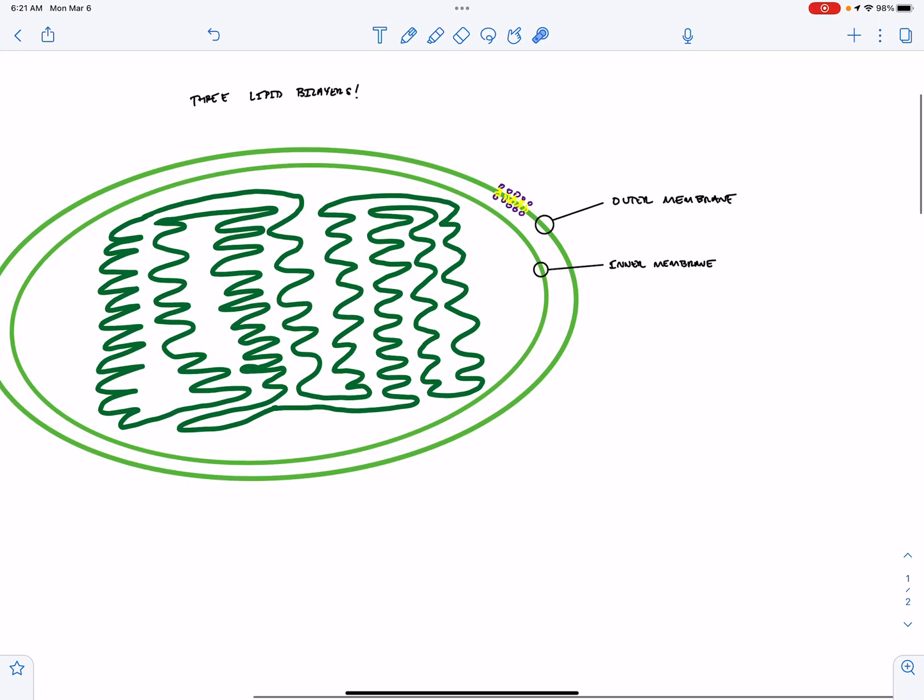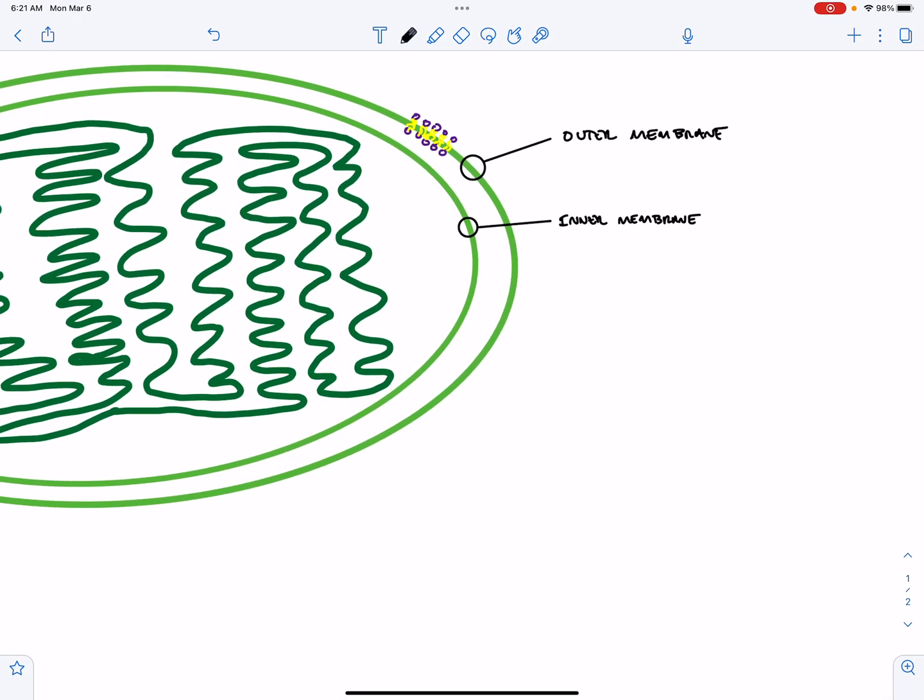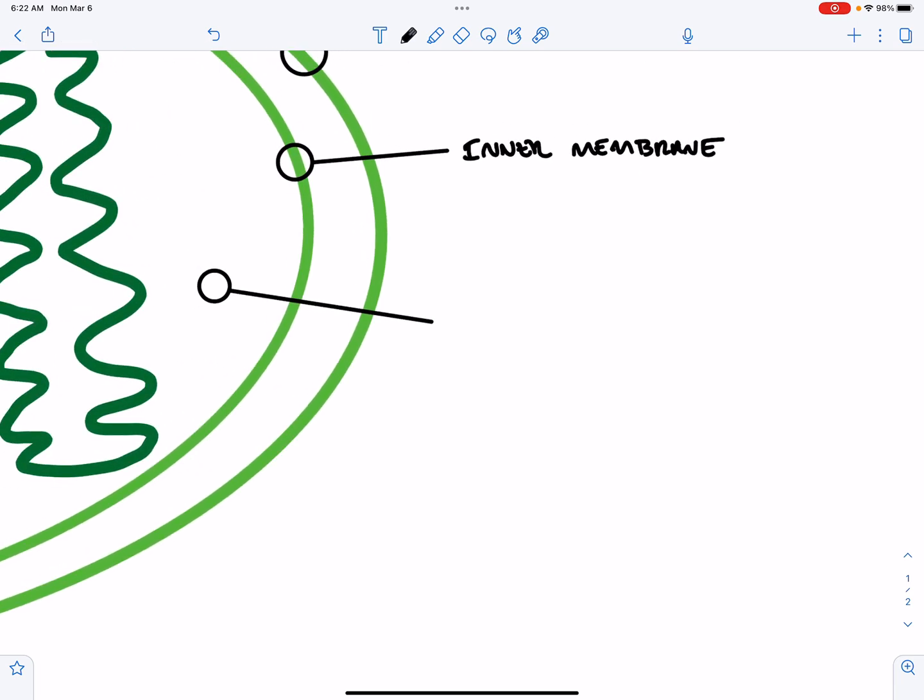Okay. Inside the inner membrane is a jelly-like liquid that's analogous to the cytoplasm of the chloroplast itself. And it's called the stroma, S-T-R-O-M-A. Now, this is very confusing, but there's a structure in the leaf that is called the stomata, or stoma, singular.